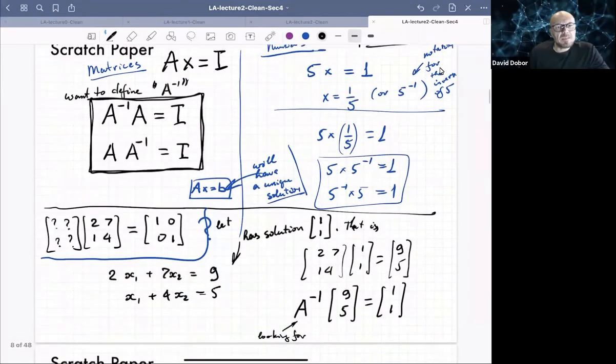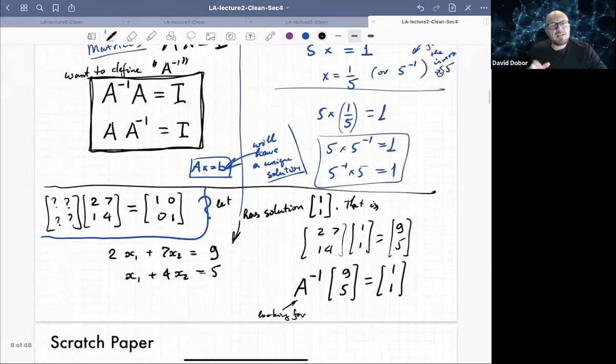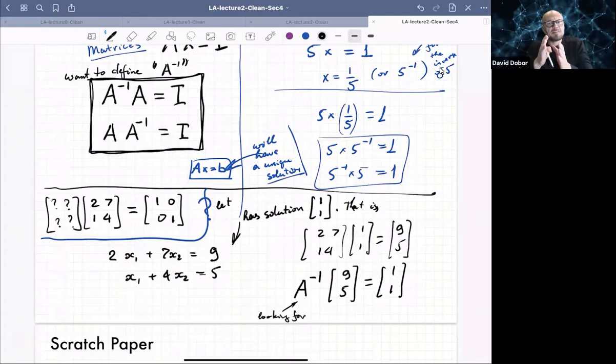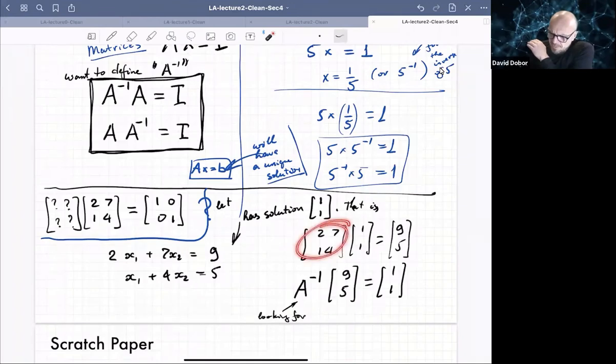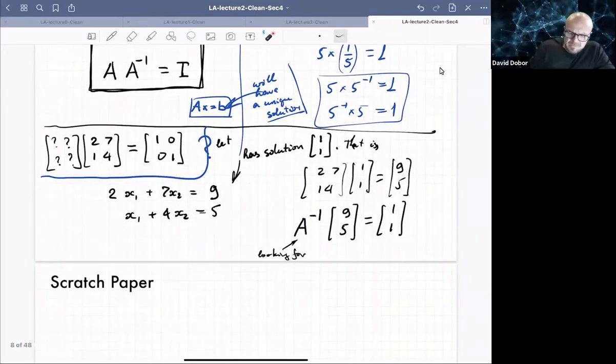A takes my 1, 1 vector to 9, 5, and now I'm looking to undo the action of A. I want to find some matrix that when multiplied by 9, 5 will give me the 1, 1 vector. Okay, so let me first give an answer and then see how to compute it.